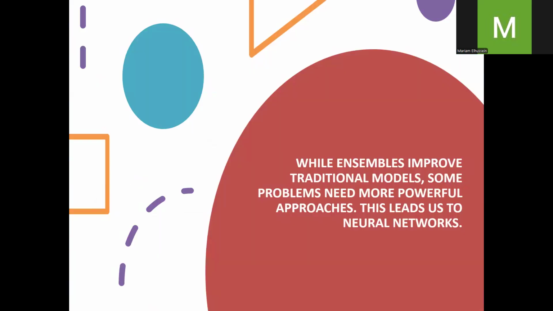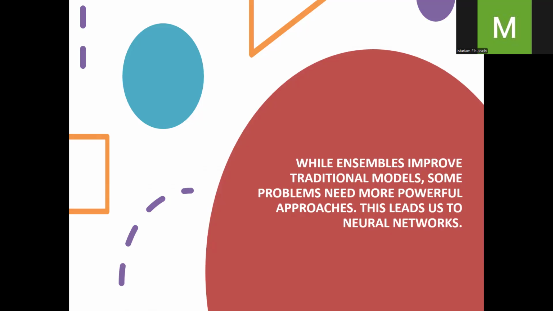Now, ensembles improve traditional models. They boost their performance, and for the longest period, they were a huge hit. But we also have some powerful problems that they are not suitable for.